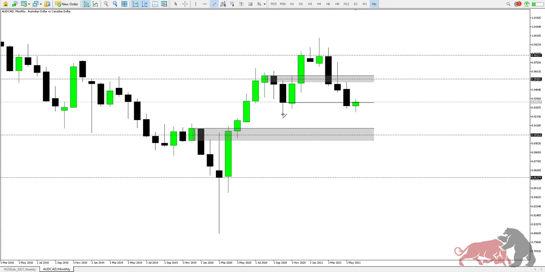We've got this low here, the low of this candle coming in at 0.92468. Let me put my price pattern there.